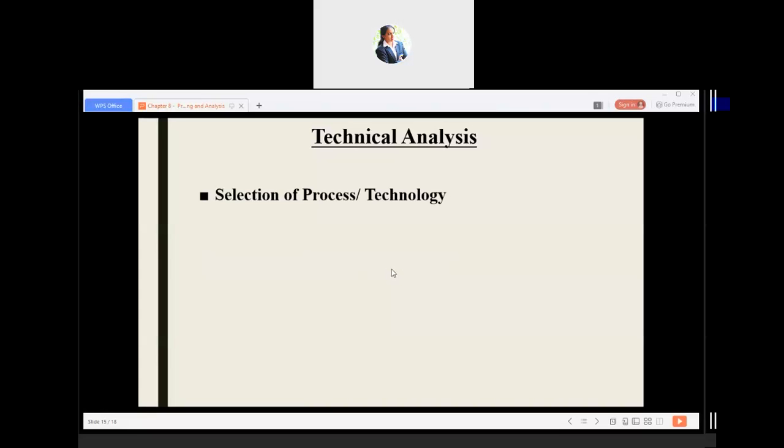Now speaking regarding the first one, selection of technology, or it can also be called selection of the process. Now for manufacturing a product, it is not always that only one process or one technology can be used. There would be more than one process or technology available.